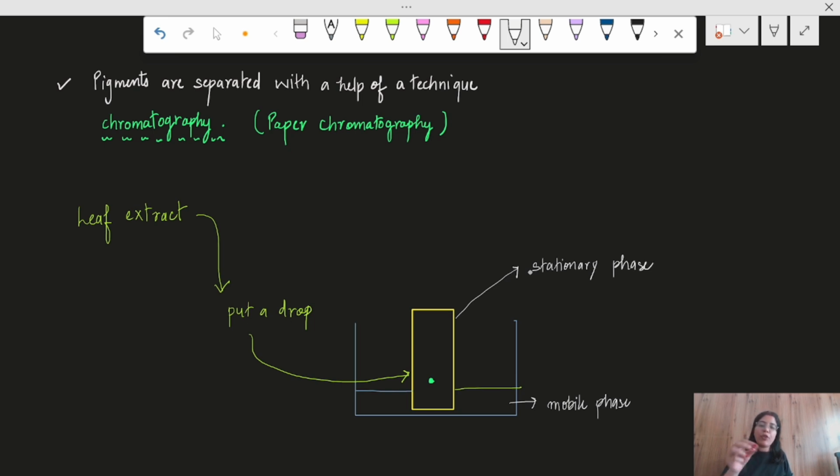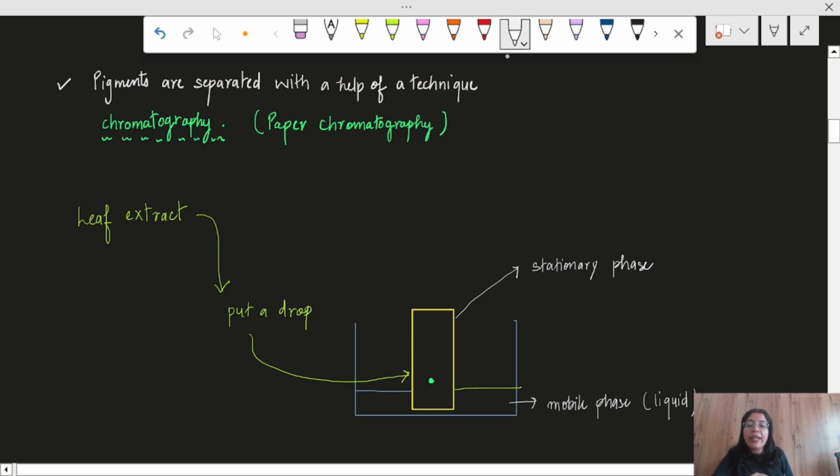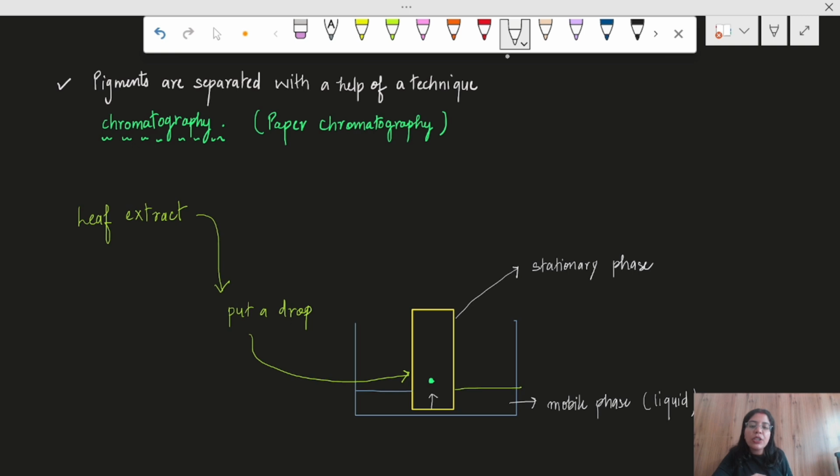As soon as you have dropped your leaf extract on the paper and the paper touches the mobile phase, which is liquid, the mobile phase will start getting absorbed by the paper and move up. As it touches this drop, it will start taking the components or constituents from this drop and segregate them as the mobile phase moves through the stationary phase.